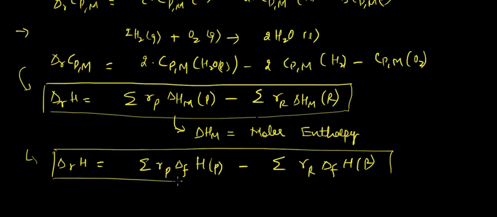Similarly delta_f H_P would be the enthalpy of formation of products, and delta_f H_R would be the enthalpy of formation of reactants. Delta_f H is enthalpy of formation.